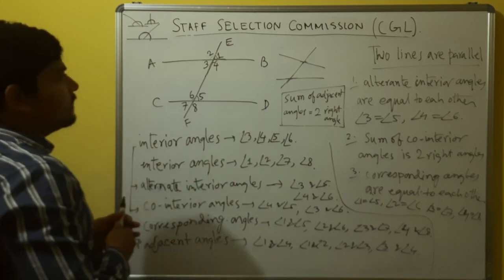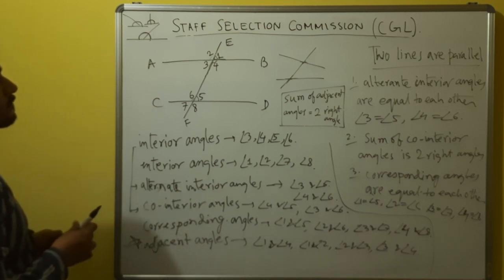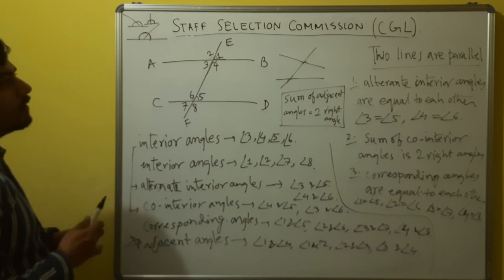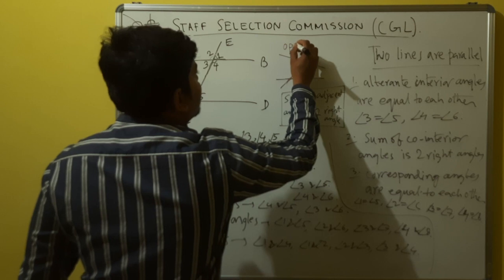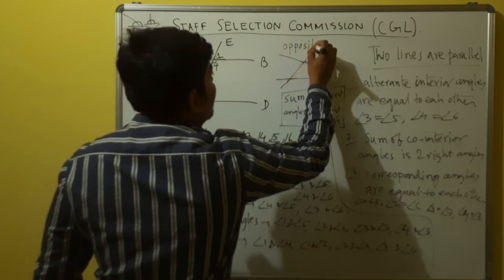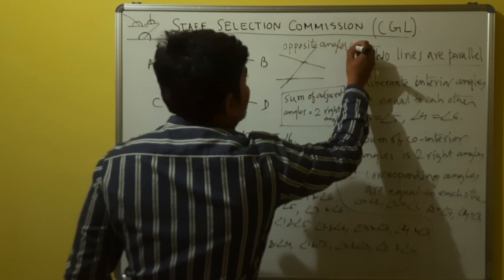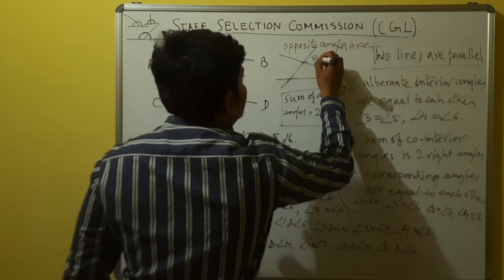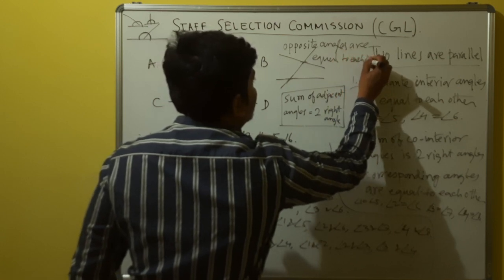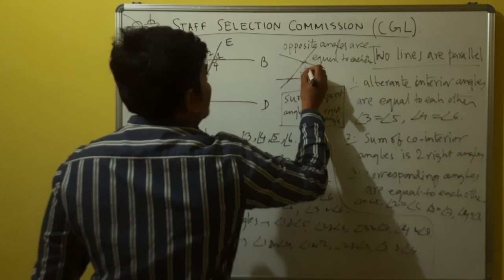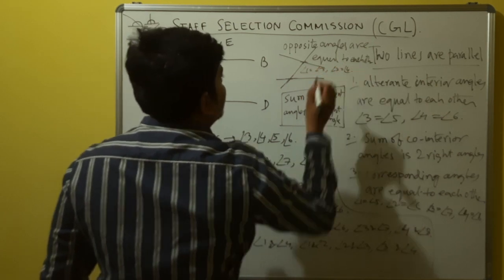Another thing is opposite angles, right? The first one we saw was opposite angles. I probably have not written it here, so let me write. Opposite angles are equal to each other, like 1 equals 3, 2 equals 4.